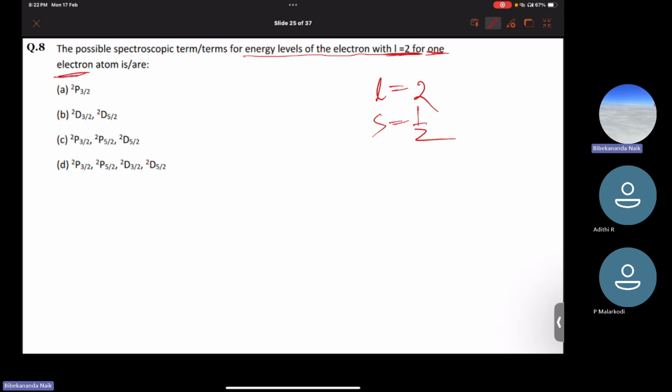Now calculate the values of J, then corresponding to J values there will be different levels. Please calculate and tell me the possible spectroscopic terms.